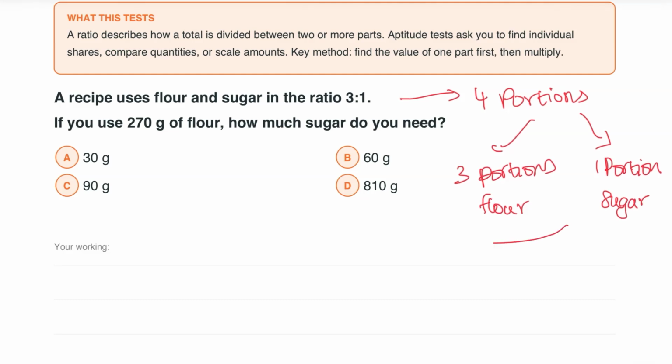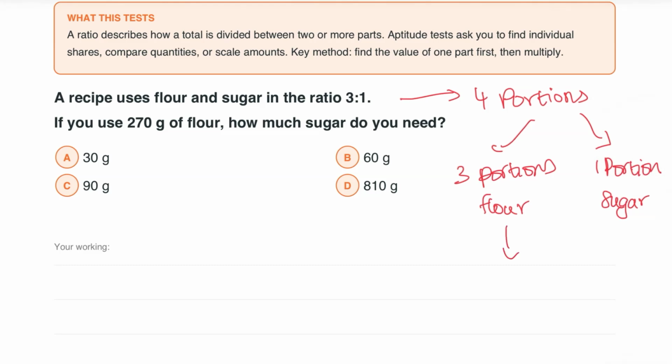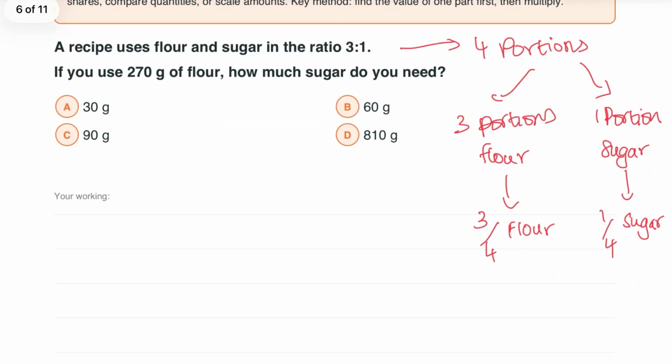The next step is to convert this into a fraction. As a fraction it would be 3/4 flour of the recipe, 1/4 sugar of the 4 portions.